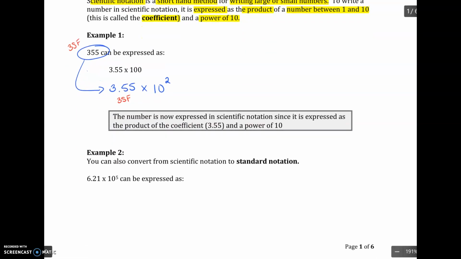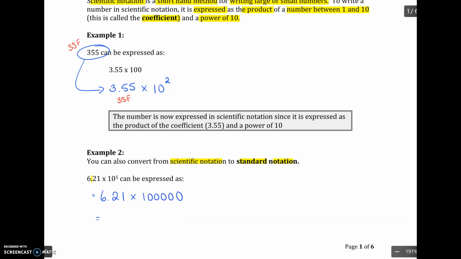Let's look at a different example where we are now going to take a number that is currently in scientific notation and change it to what's called standard notation. So that's just basically expanding out the 6.21 times 10 to the 5. If you think of 6.21 as your coefficient, 10 to the 5 is 100,000, in other words, 5 zeros.